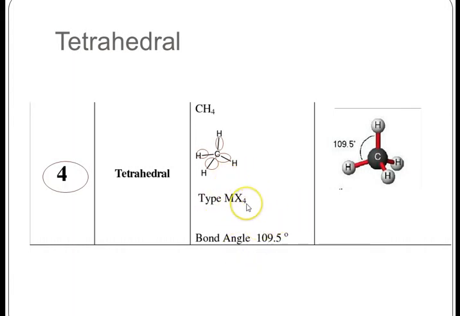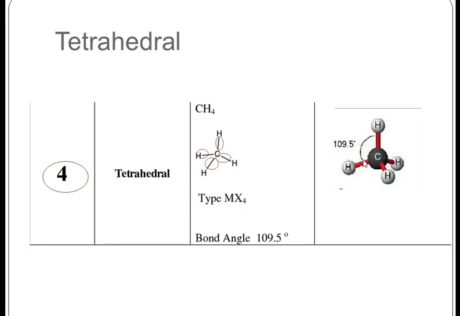Generic representation, this MX4, central element, 4 peripheral elements. It forms a bond angle of 109.5, that is the space in between these bonds to get them as far apart as possible. You can't look at this one like we did the last one where we took all the bond angles, added them up, and got 360.